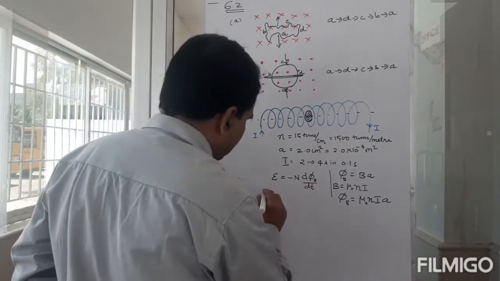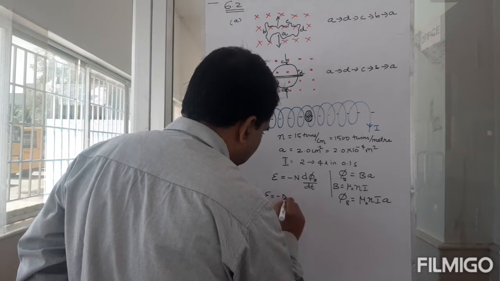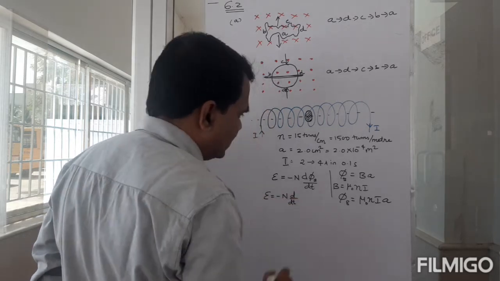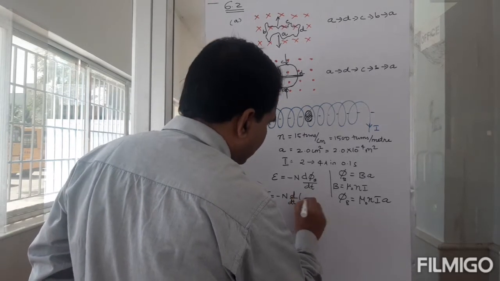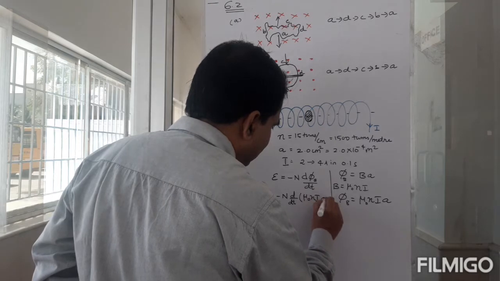So here it's going to be equal to minus N d by dt of mu naught n I into A.